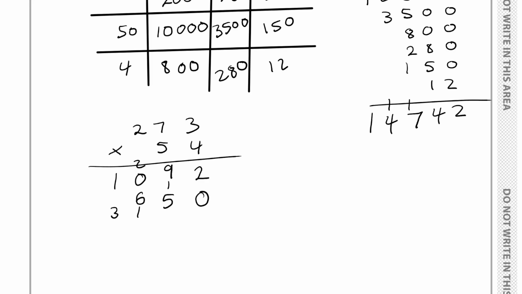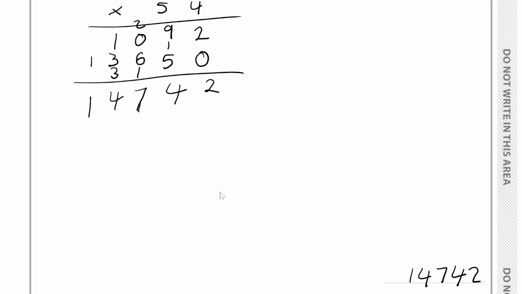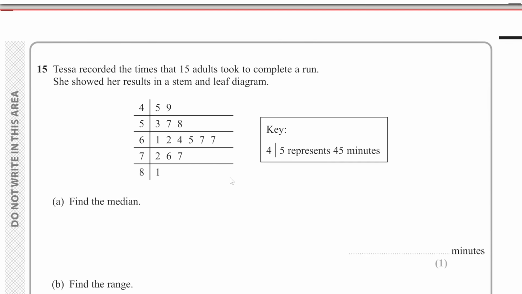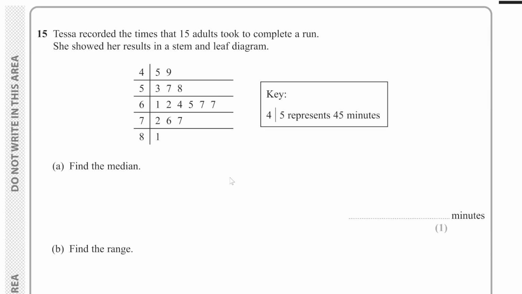And 5 2s are 10, plus 3, 13. So we've got the same answer, 14,742.